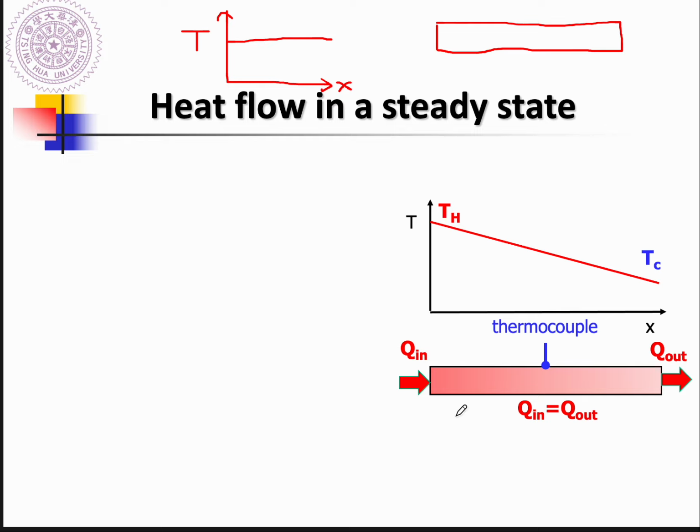But if we put a hot reservoir on the left-hand side to provide some heat to this metal bar, and we put a low-temperature reservoir on the right-hand side to receive some heat released from this metal bar, as long as Q in equals Q out, we can find the temperature distribution looks like this, right?